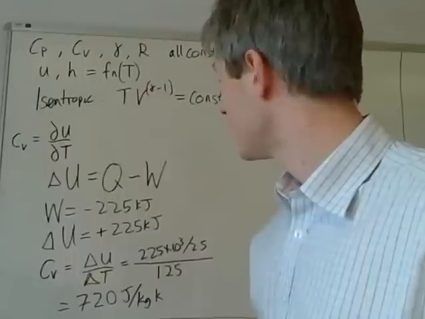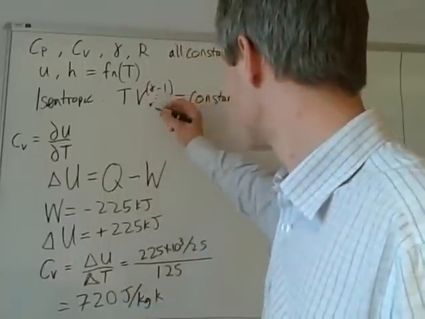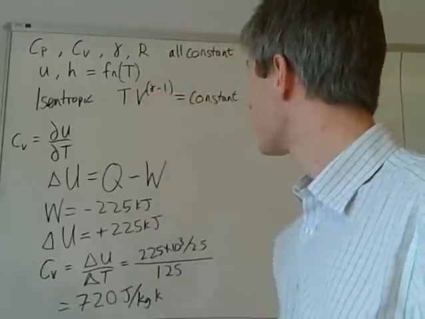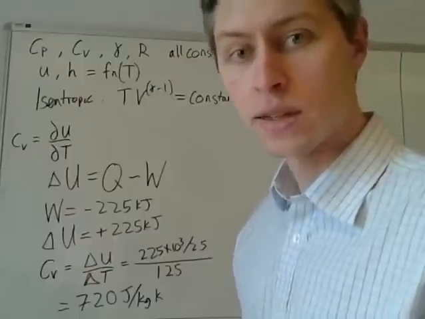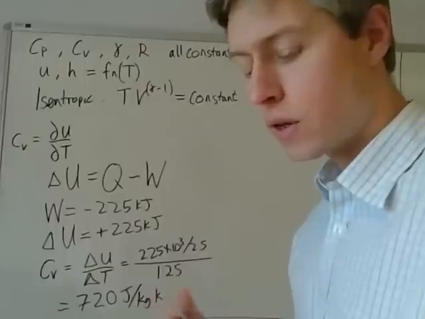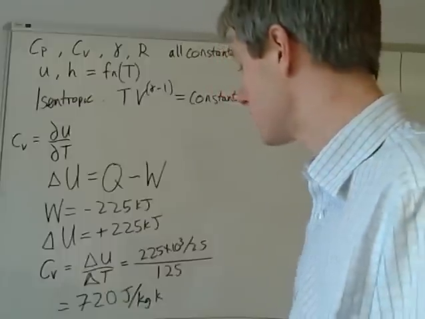Now in the question we're told both the change in temperature and the change in volume, so this is going to allow us to deduce what gamma is, and then we need to remember that gamma is equal to the ratio of heat capacities, and that allows us to calculate Cp. So now that you've had that hint, I suggest you pause the video and try and work through that.